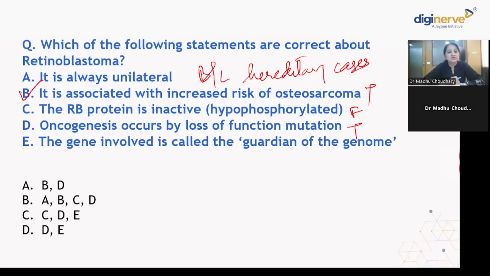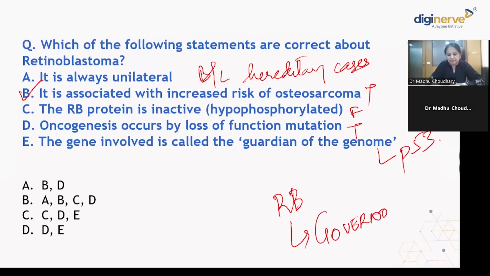The gene involved is called the guardian of the genome. No, which gene is the guardian of the genome? That is P53. But here the gene involved is your RB gene, and what do you call the RB gene? The governor of the cell cycle.